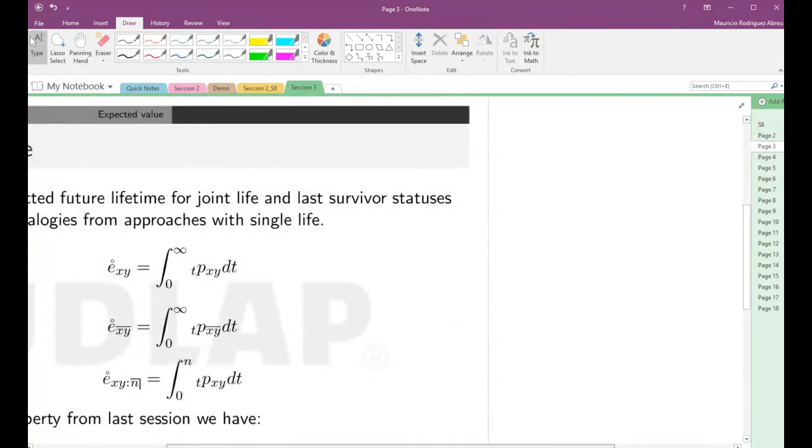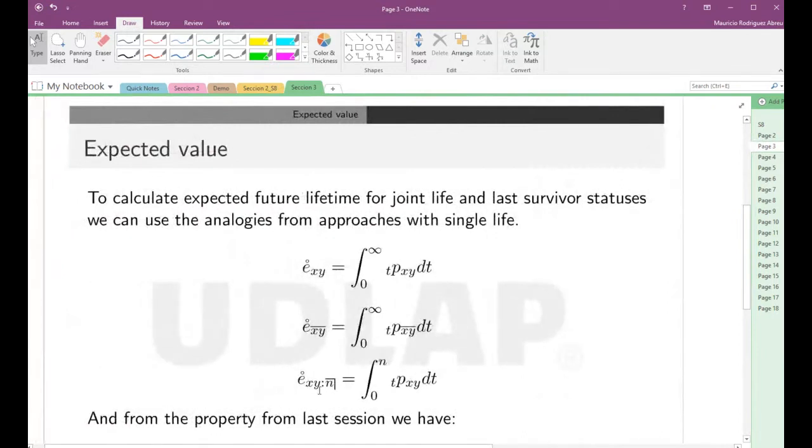So to estimate the first moment or the expected value, or the joint life expectancy or last survivor life expectancy, in both scenarios here complete, but it should be the same with curtate, we have the following. Again, since we just need to integrate the probability here, this is the same as if we have the individual probabilities and then just work the multiplication, which is essentially algebra, and then integrate for the time that we need to estimate this expected value.